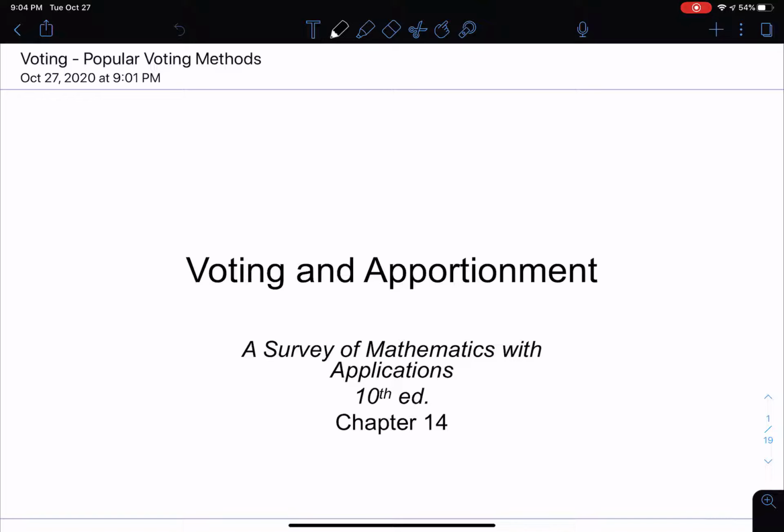In this unit, we're going to first look at some of the different popular voting methods and how the math behind those works as far as trying to decide on winners. And then we're going to look at apportionment methods, and that comes into play more with things like our census. You should have by now completed your household census.